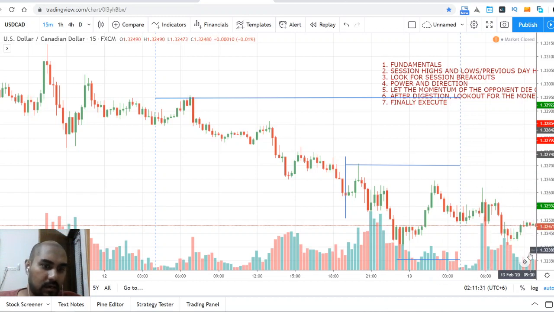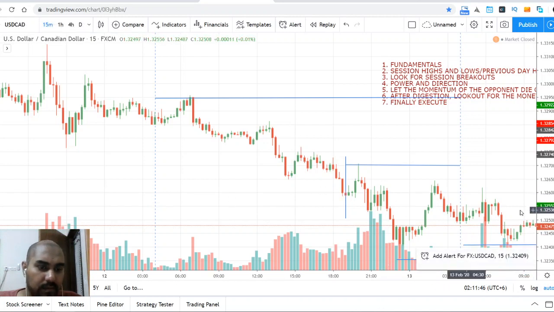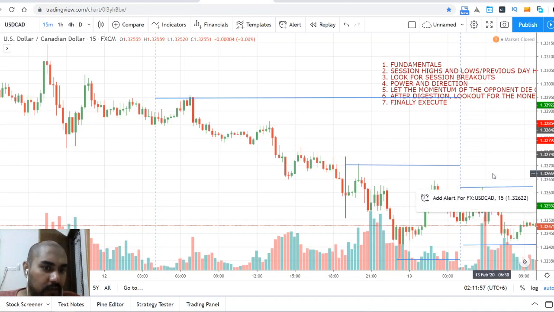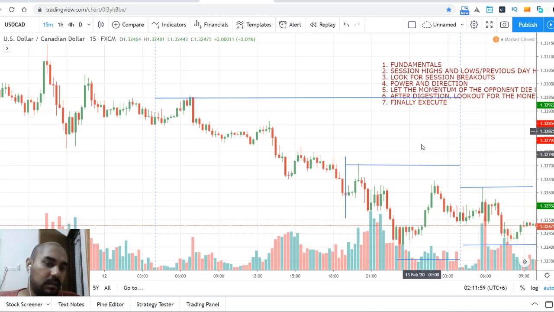Asia hasn't ended yet, but so far this is the lowest point, so I'll mark Asia's lowest point over here, and for now I'll mark Asia's highest point over here. So far no breakouts from the previous day's highs or previous sessions' highs and lows.